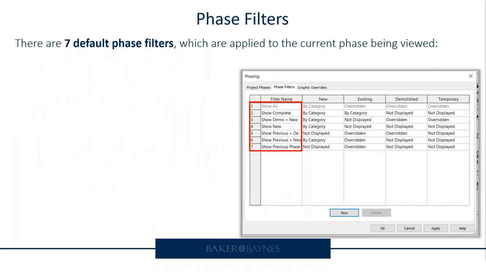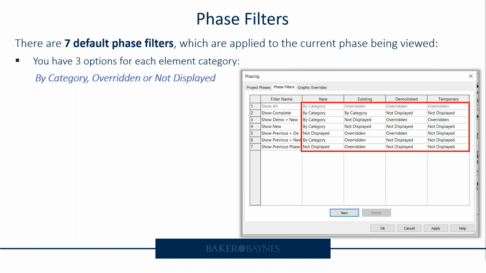Then if we go to the phasing dialog box and we look at the phase filters tab, you will see that there are 7 default filters that are created automatically, and they will be applied to the current view or to the current phase of the view that you are in. So for each of these also you have 3 options.